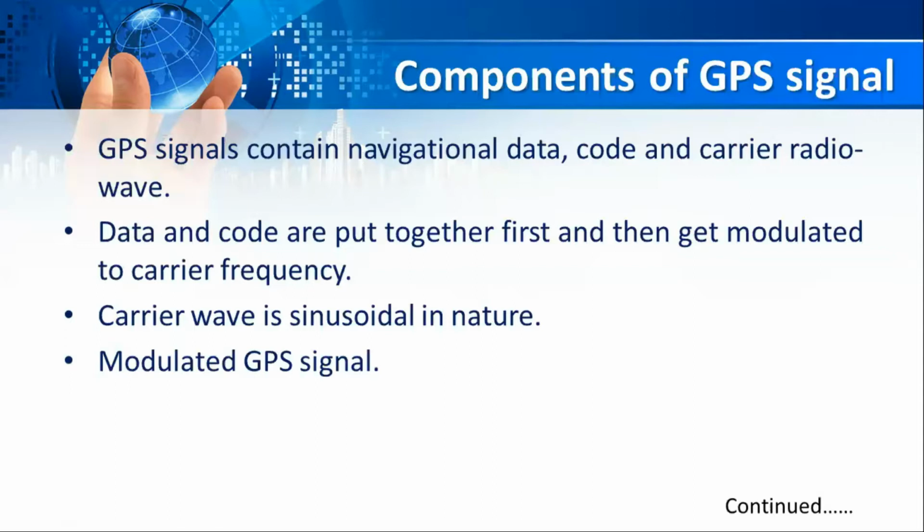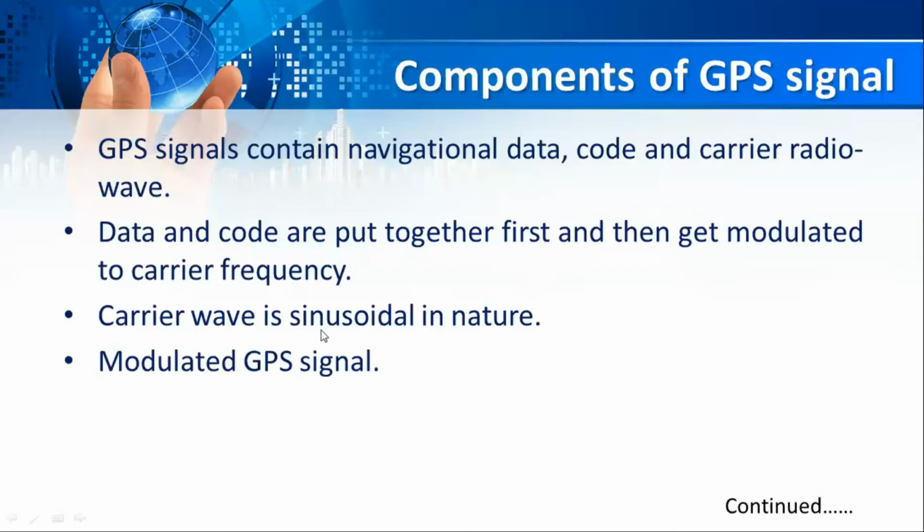Now the data and the code are put together. The concept is that the data and the code are put together first, and then they get modulated. They get combined onto a carrier frequency, and that frequency is received at the receiver's end.